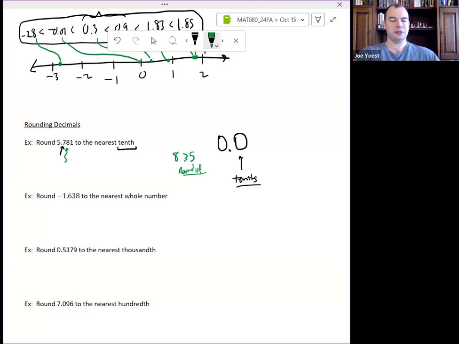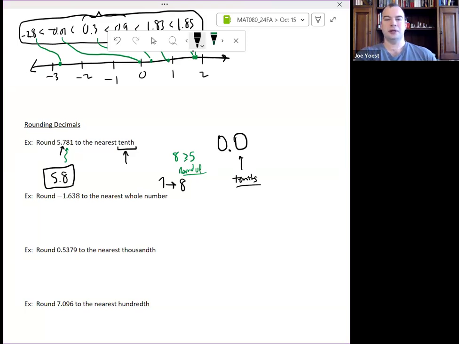So the place of interest, the tenths place with the 7 in it, because the one place to the right is bigger than or equal to 5, I round up, which means the 7 gets rounded up to 8. And this gives me 5.8, or it gives me 5 and 8 tenths.